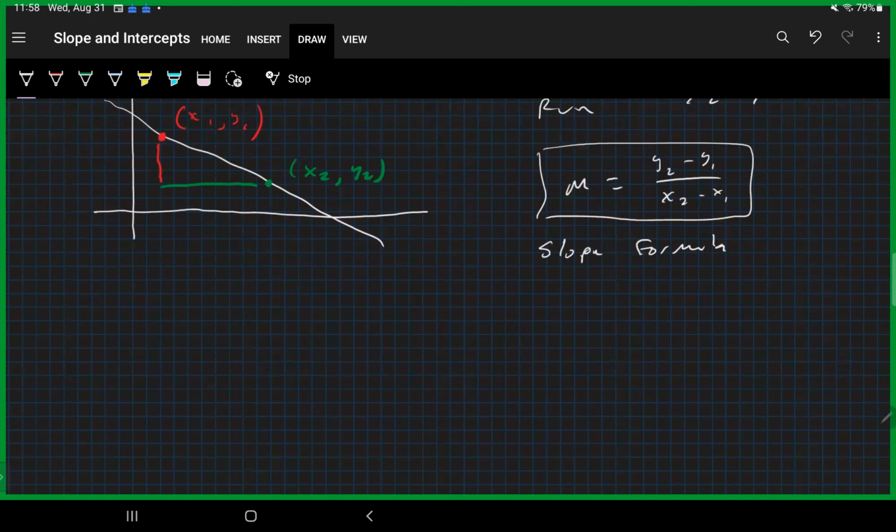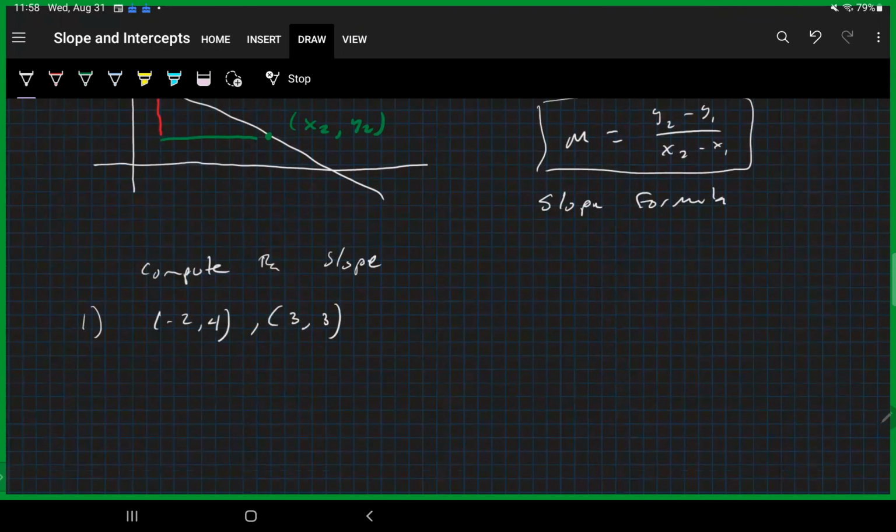So let's see a couple examples. Well, 3 examples I have in mind. So we're going to compute the slope between the points (-2, 4) and (3, 3).